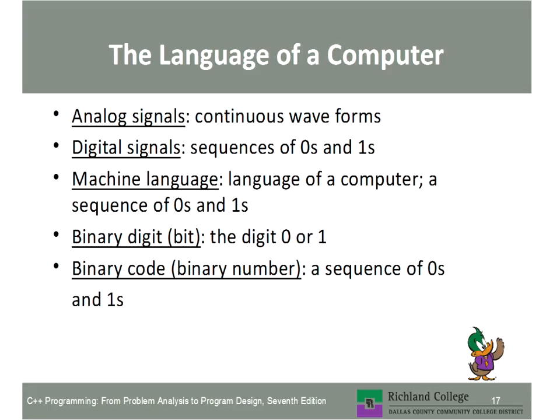So analog signals are continuous waveforms. Digital signals are sequences of ones and zeros. An analog signal looks like that, right? Like an audio signal.